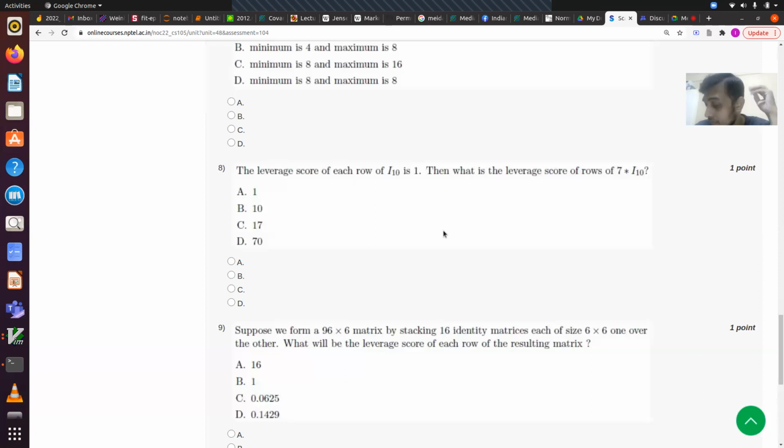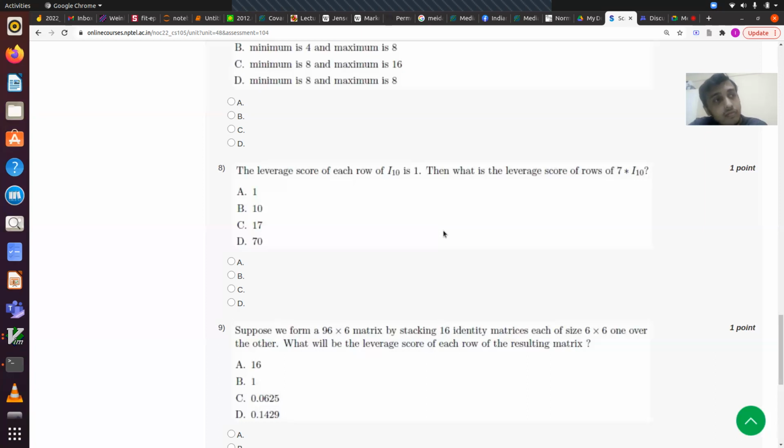So any vector, let's say x comma y is a vector. If x is positive, y is also positive, you can say x by x plus y and y by x plus y. These are the components. So this is how you get a probability distribution.